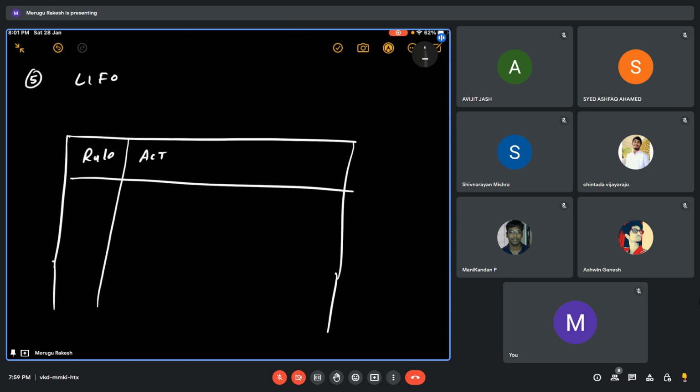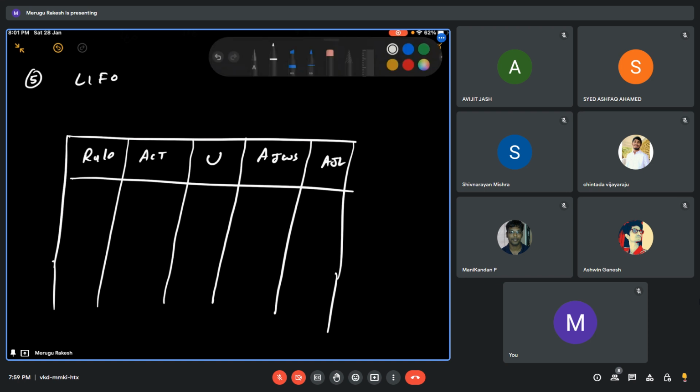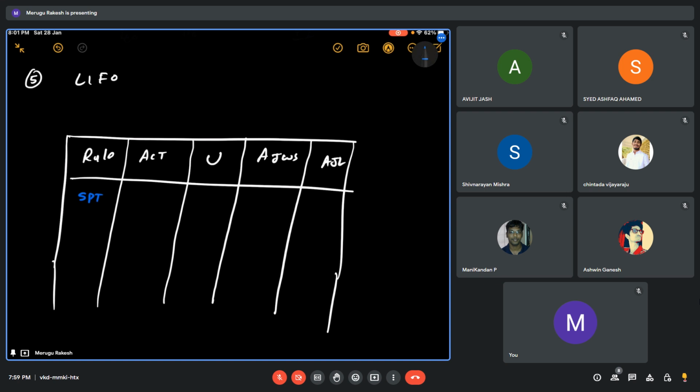Average completion time, U is the utilization, average job waiting in the system, and average job lateness. Okay, first let me take SPT. So average completion time we got as 22. Utilization is 36.3 in percentage.